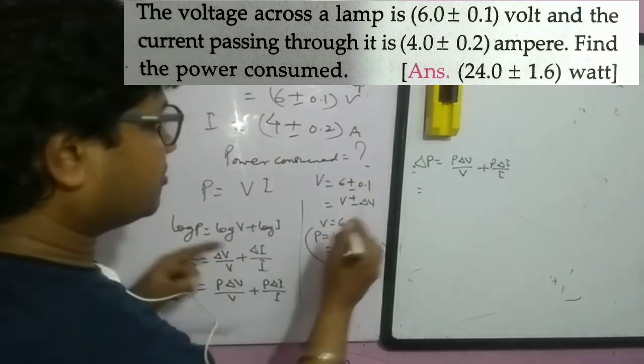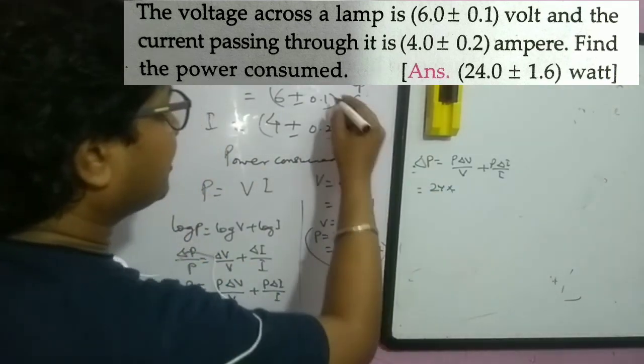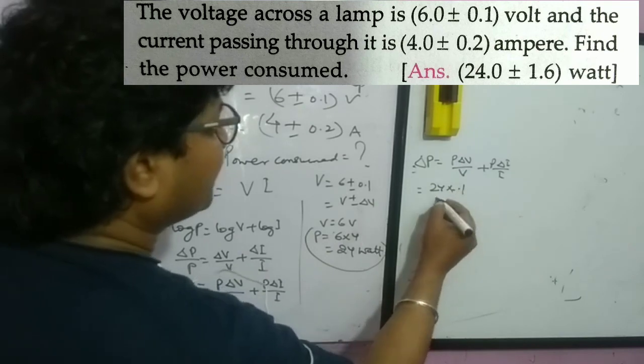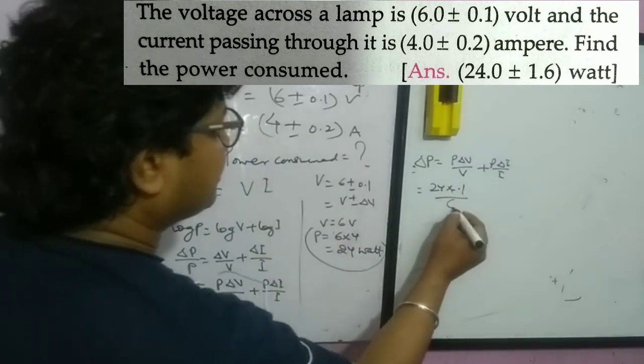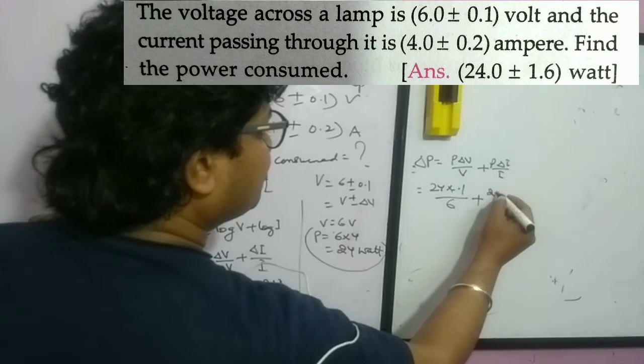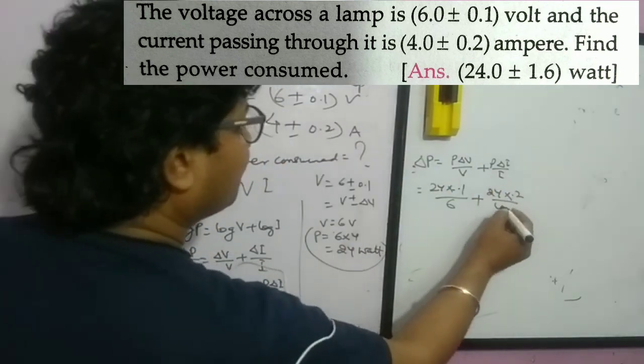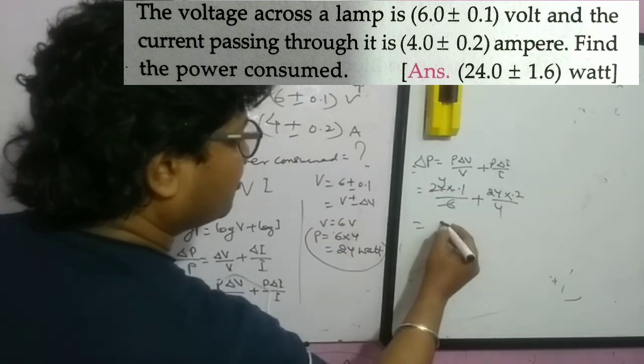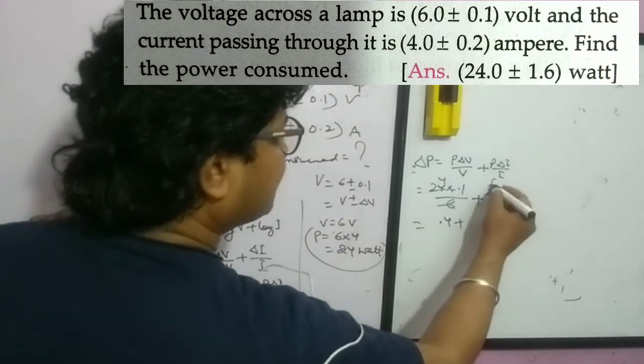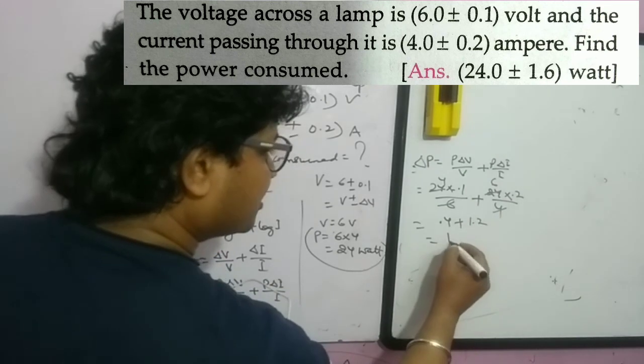P is 24. So 24, delta V is 0.1 and V is 6, plus P is 24, delta I is 0.2 and current is 4. So this is 0.4 and plus this is 1.2, so this is 1.6.